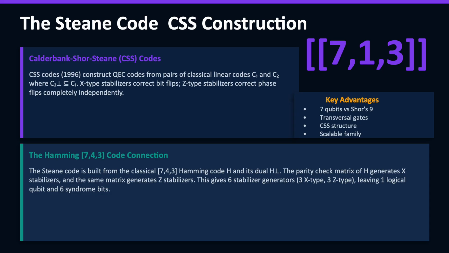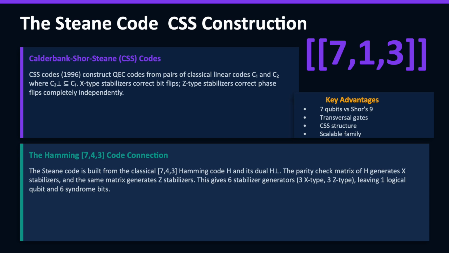The same mathematical pattern that catches bit flips is also responsible for catching phase flips, just applied in a different direction in the mathematical description of the quantum state. This elegant symmetry between the two types of errors is a hallmark of what are called CSS codes, named after 3 researchers who developed the framework.